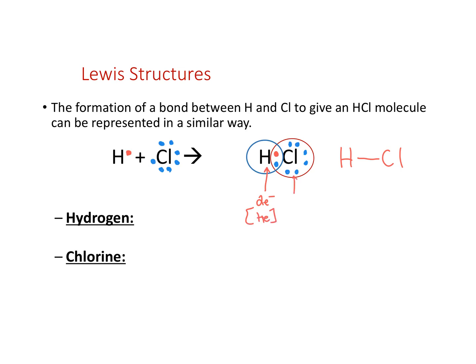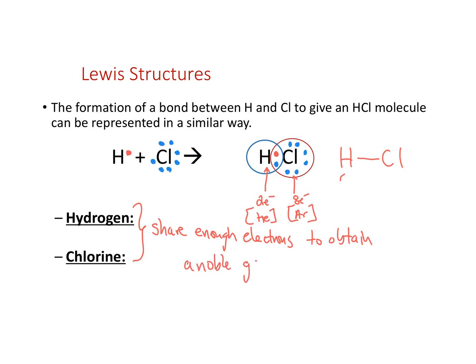Chlorine has 8 electrons in its outer shell, and it's isoelectronic with argon. So both hydrogen and chlorine are going to share enough electrons to obtain a noble gas configuration.